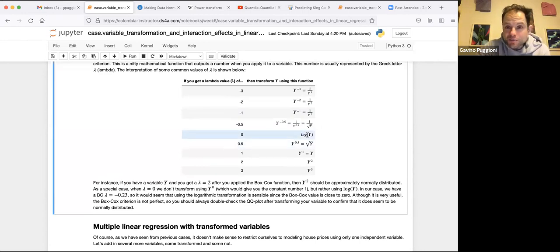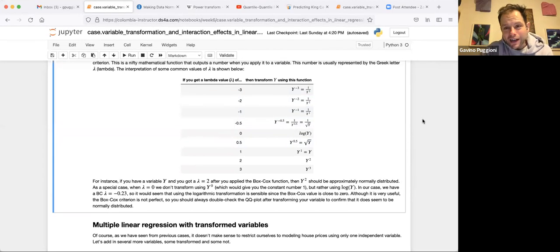And we can interpret it in a nice way using percentages, rather than using a transformation that might be a little bit closer, but is uninterpretable. And a lot of these are very difficult to interpret. Like, for instance, for -0.5, interpreting 1 over the square root of y is a challenge in terms of units of measure and so on.